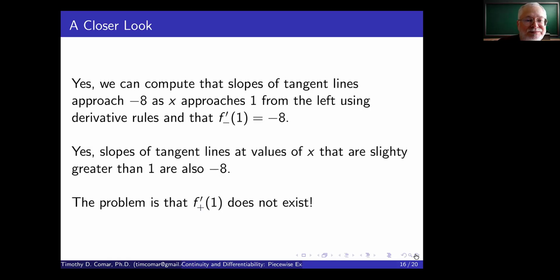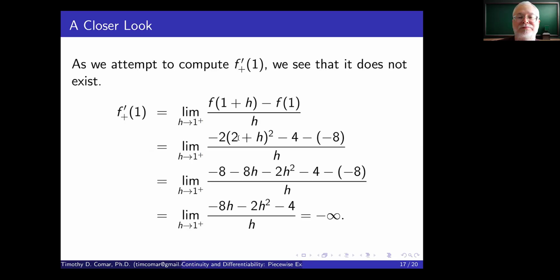And also, yes, slopes of tangent lines at values of x that are slightly greater than 1 are also going to be -8. The problem lies in that the right-hand derivative at 1 does not exist.